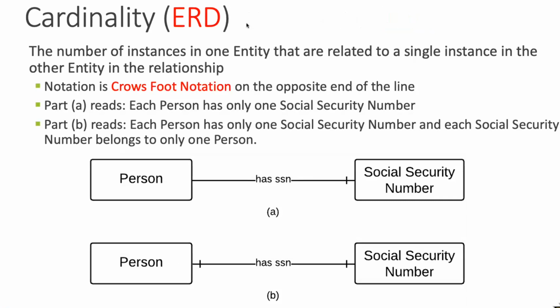And here was the only difference between the object-oriented and the entity relationship diagram: the notation. In the object-oriented modeling or the UML, for zero we show it with zero, and for the one here, we use one.